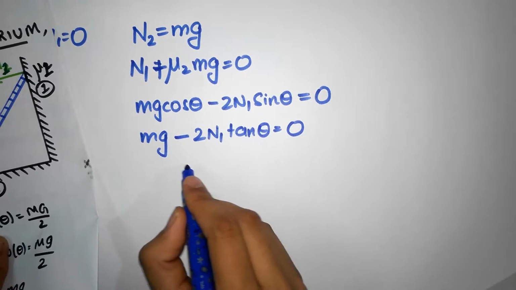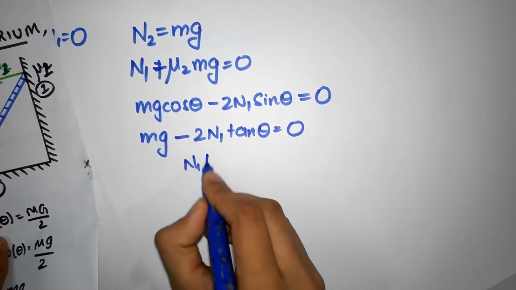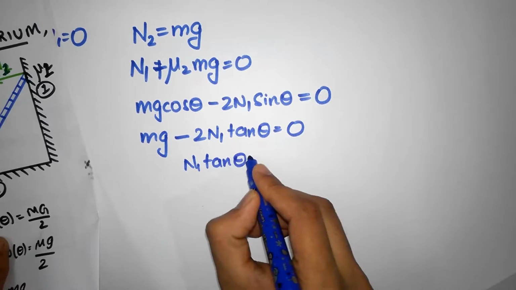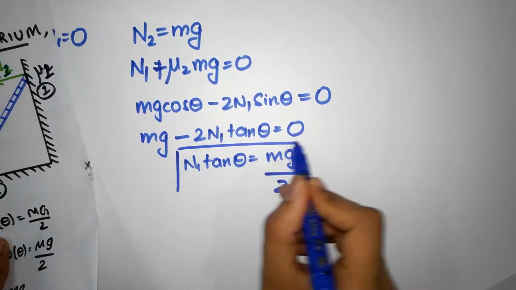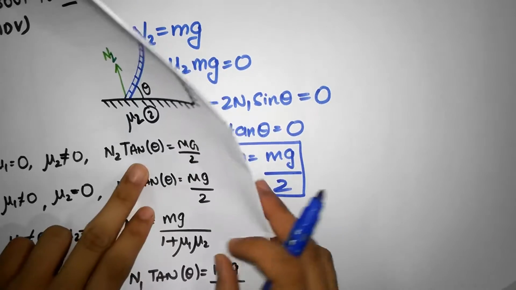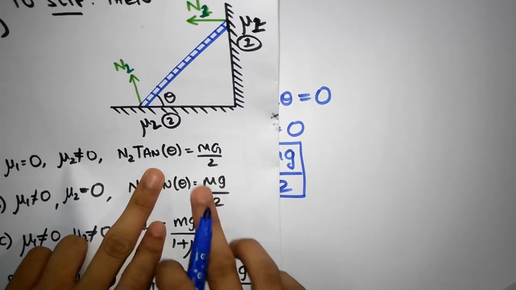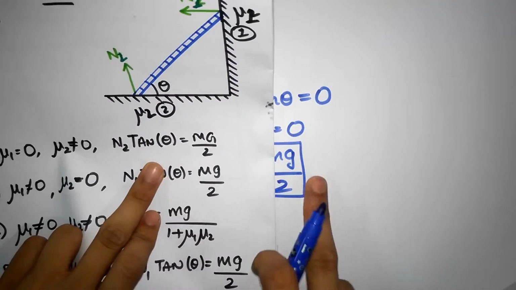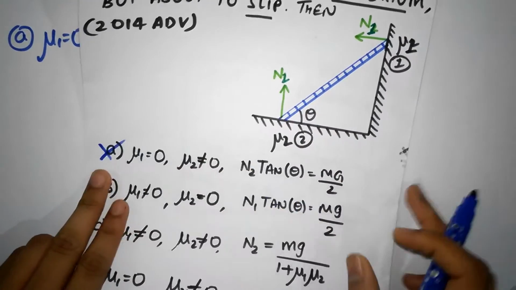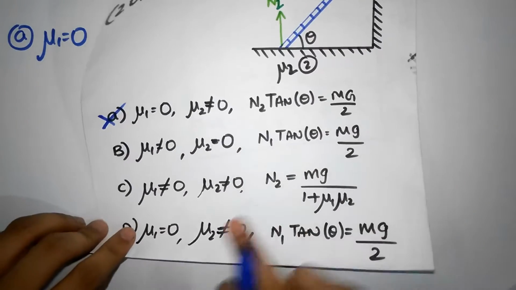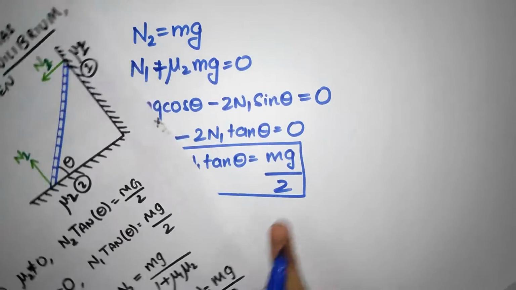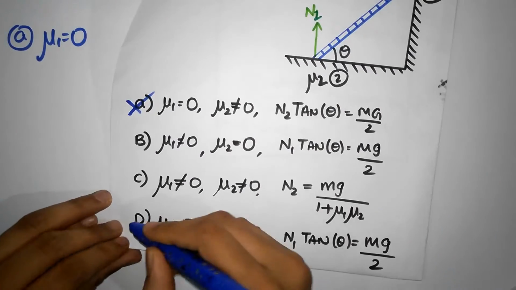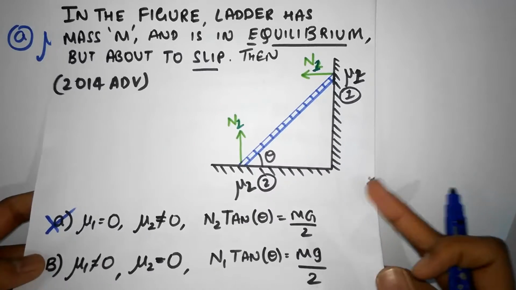So I will get n1 tan theta as mg divided by 2. And that is n2 tan theta equal to mg divided by 2. And that's not it. So this is wrong. But let's check if there are any others. Yes, we have. N1 tan theta equals mg by 2. That's right. This is correct.